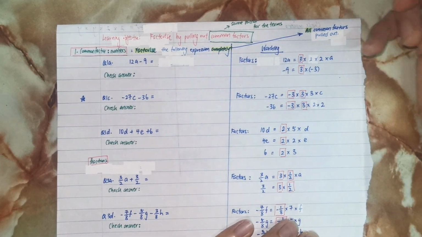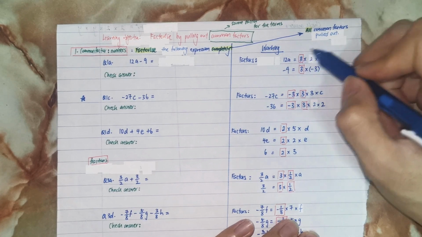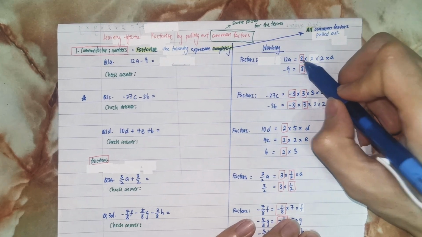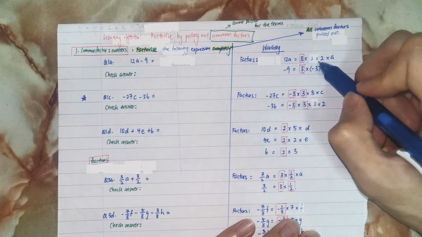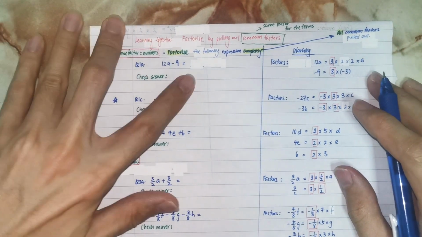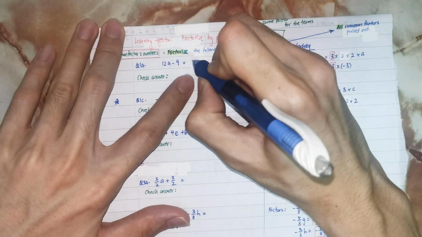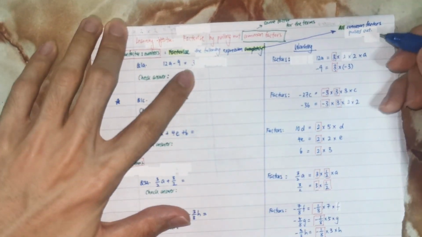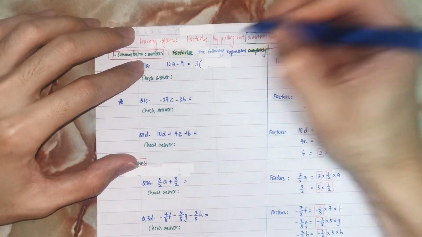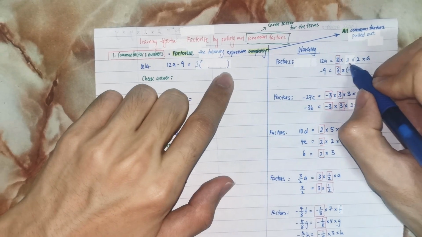By pulling out common factors, it just means that we are trying to identify the common factors between these two terms given over here. I check that 3 and 3 are common factors, while the rest doesn't match. So when I do factorization by pulling out common factor, I just write 3 outside. Whatever is left inside the brackets will be the terms that are left.